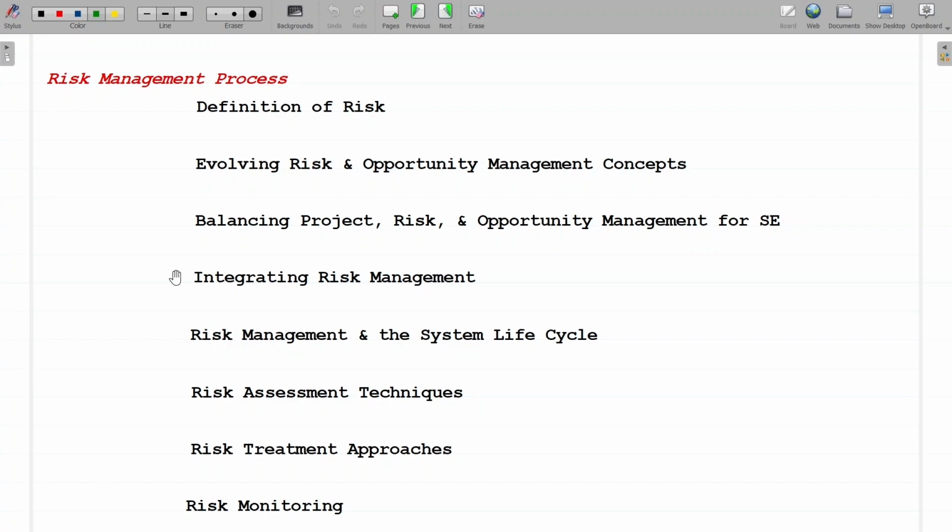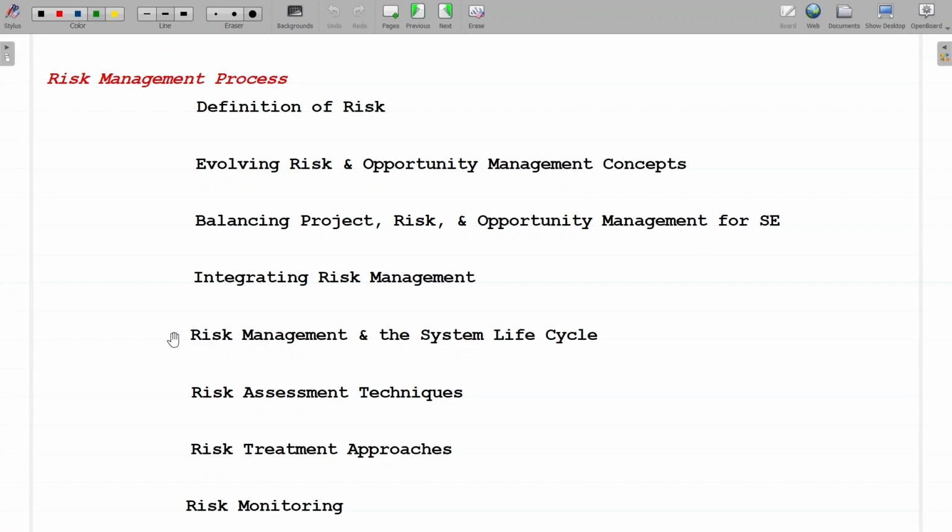Organizations typically manage risks and opportunities of many types across and throughout the organization. Risks and opportunities associated with system development should be managed in a manner consistent with the organization's overall risk and opportunity management strategies.